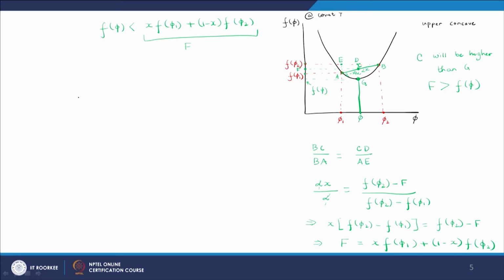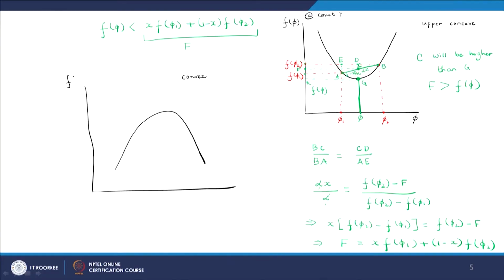Let us see what happens if the graph is the opposite of this. Let us say we have a convex graph that has a maxima as opposed to a minima. So, now again if I think of two values, phi 1 and phi 2, again I can do the same construction.